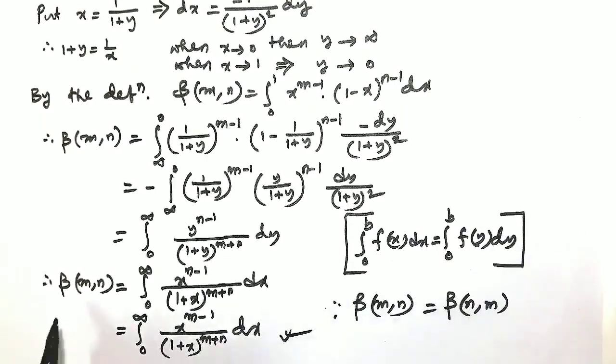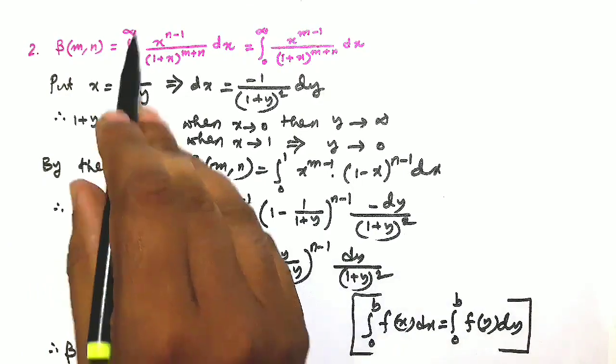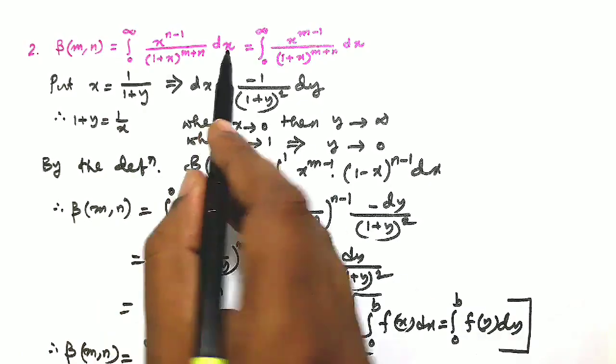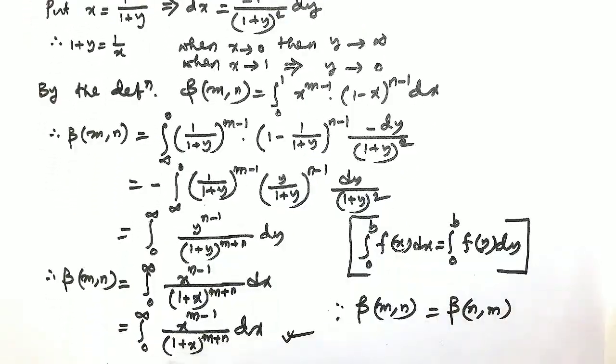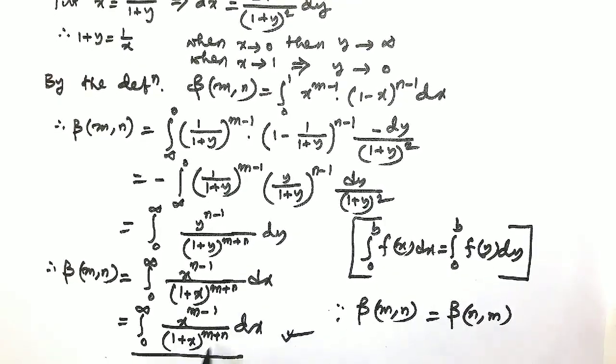So the proof: beta of m, n is equal to integration 0 to infinity x to the power n minus 1 upon (1 plus x) whole to the power m plus n dx, which is equal to x to the power m minus 1 upon (1 plus x) whole to the power m plus n dx.